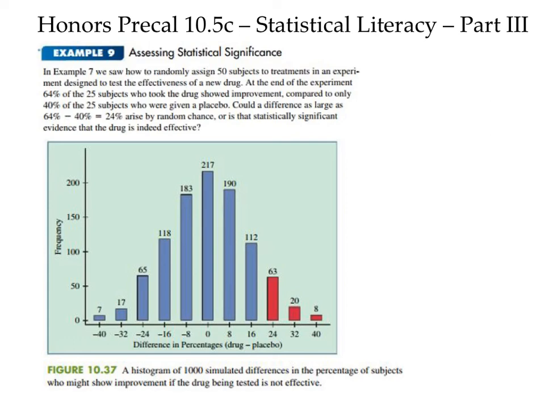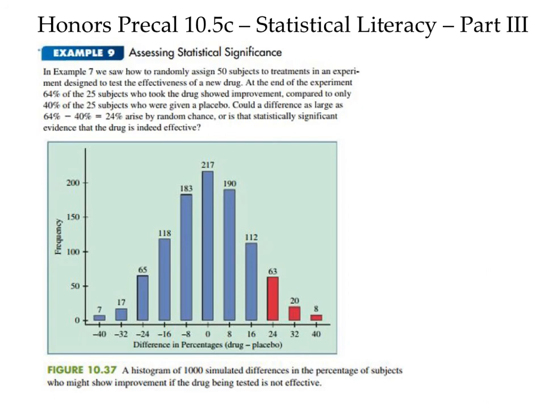But as we saw by running this experiment 1,000 times, you can see that those red histogram bars to the right, that is what would happen just through random chance. And that is about 9% of the time. So that sort of says that our result of that 24% isn't that significant. 91 out of 1,000 trials showed more than a 24% difference.